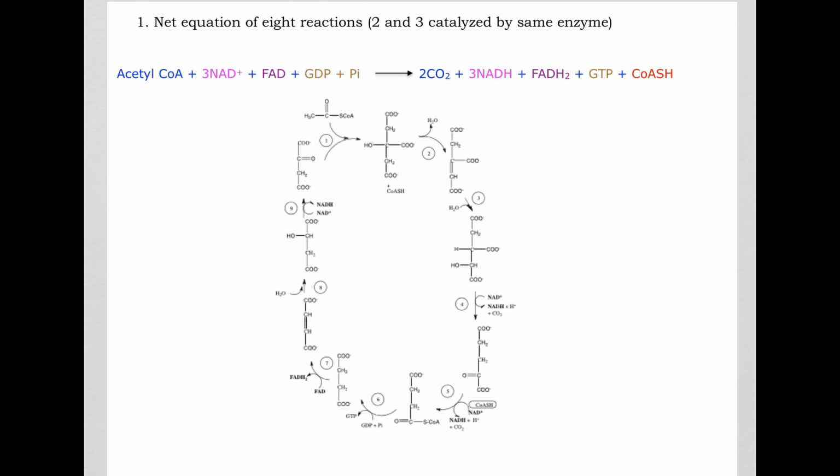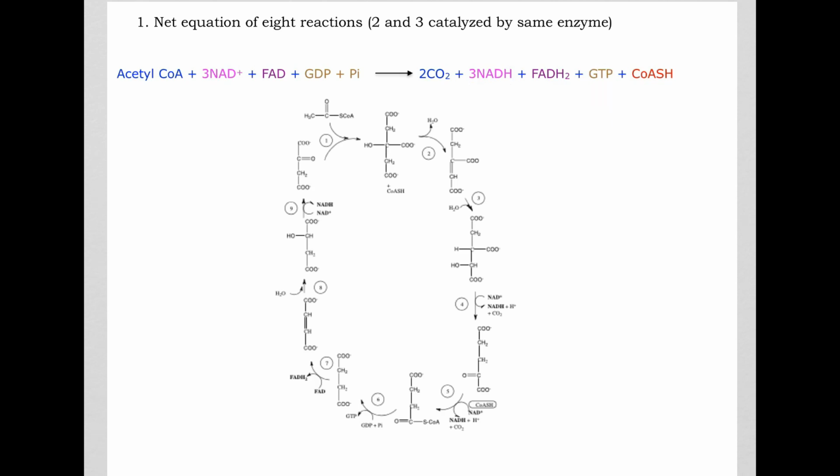We can also see that the products of the Krebs cycle include direct production of energy, because GTP is the same as ATP, and indirectly in the form of NADH and FADH2, which will enter the electron transport chain oxidative phosphorylation system, which we'll talk about in a few seconds.